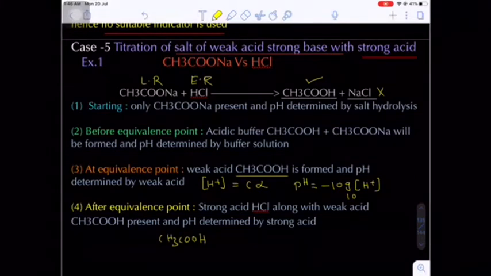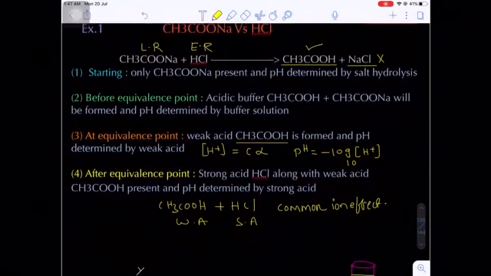That means in the final mixture you have the weak acid, that is acetic acid, along with CH3COONa, and strong acid, hydrochloric acid, is also present, because hydrochloric acid is in excess quantity. So you have a mixture of weak acid and strong acid. Here there is a common ion effect.